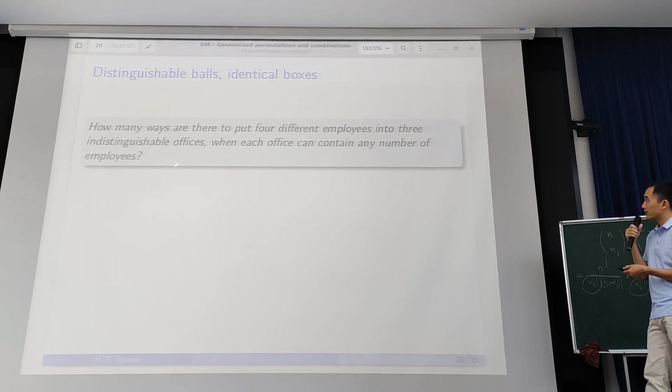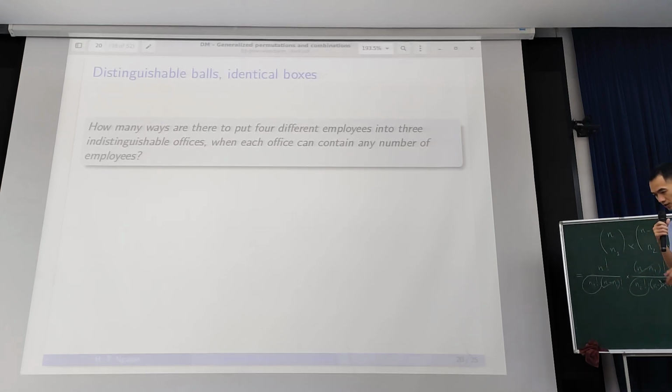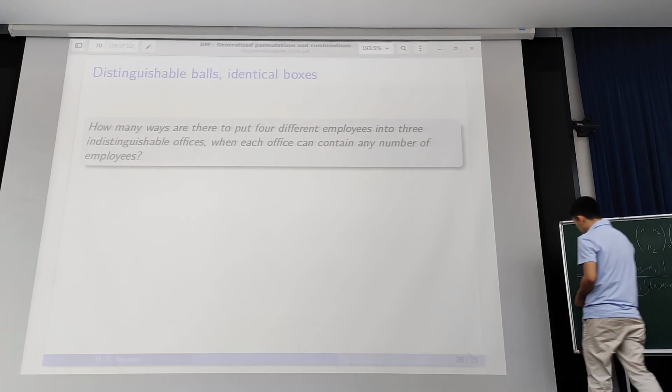Then how many ways are there to organize the seats of the employees in the offices? Suppose that each office is large enough to accommodate as many as 4 employees.